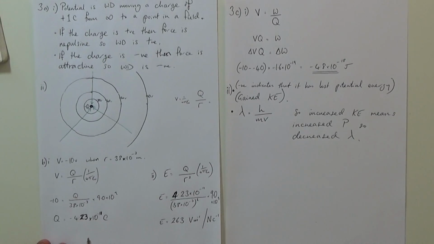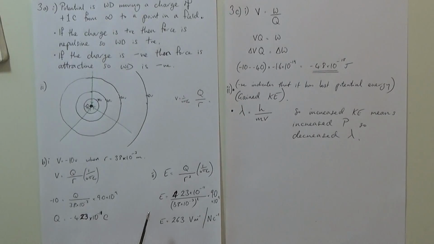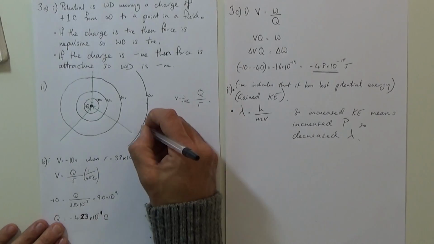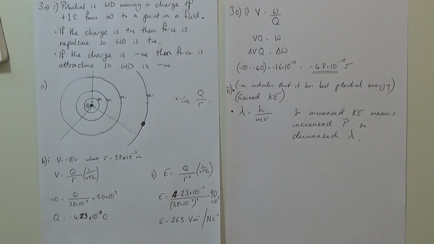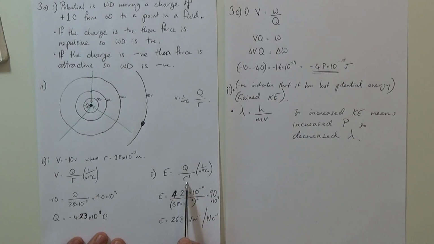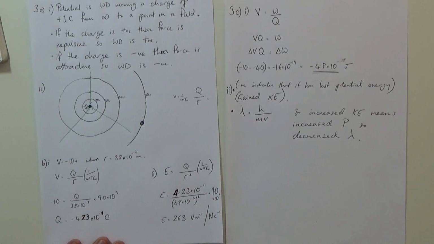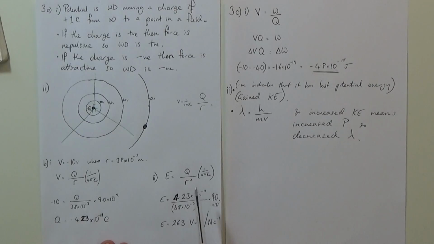B part 2 says calculate the electric field strength at B, and B is on the minus 10 volt potential line. So the field strength, of course, is the charge divided by R squared times this constant. I just used the value that I got from there, 4.23, but you could use minus 4.5, whatever.